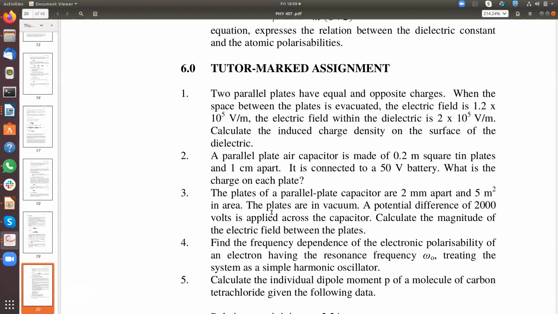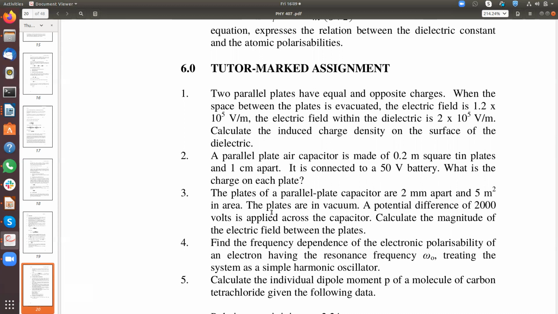There is an expression that relates this, when you have an electric field with and without the dielectric. We have the equations. I think in the first week I expressed this. So that is what you are expected to use to solve this problem.